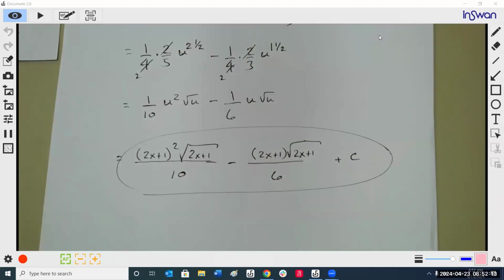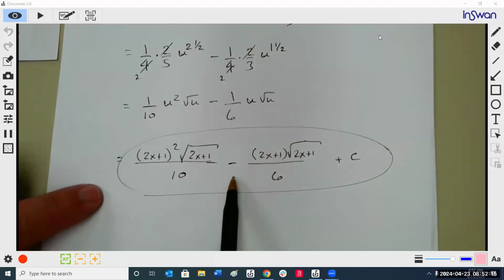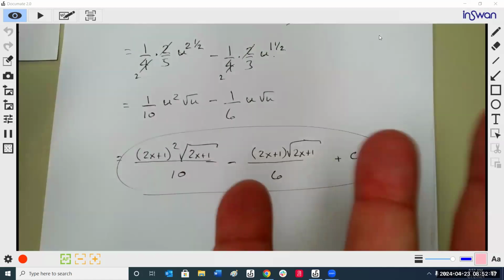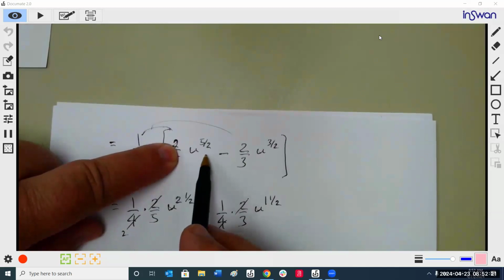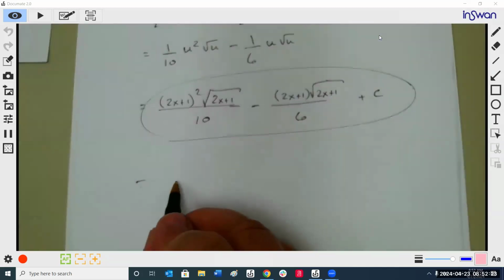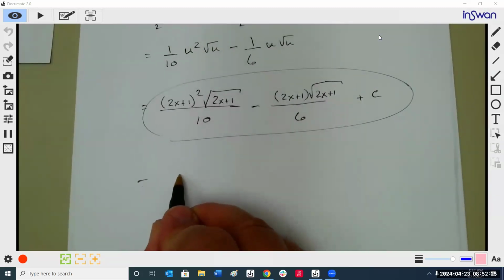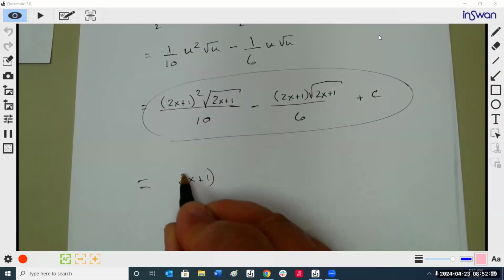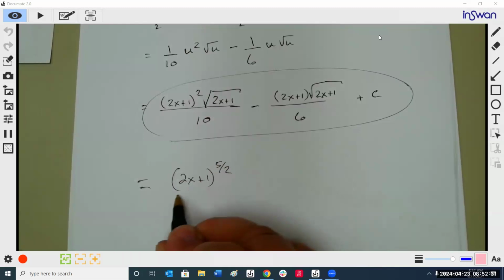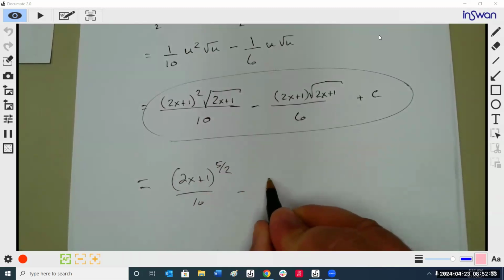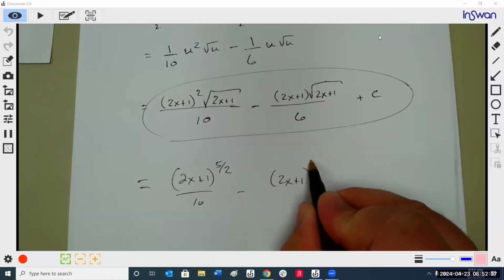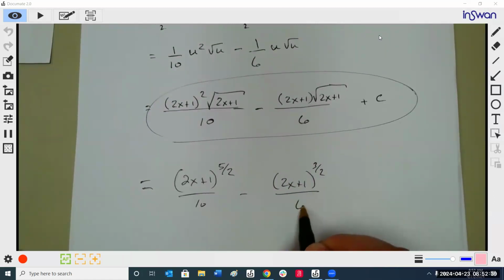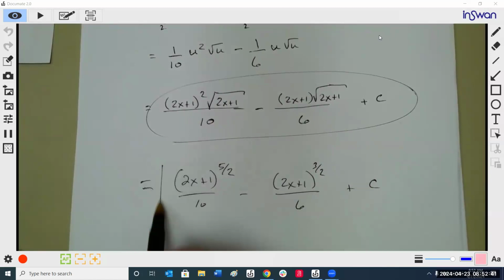Again, I don't know how the computer will take it. This is the simplified version. Or remember up here, we had 5 halves. I'm pretty sure you could have done the same thing. We could have had (2x plus 1) to the 5 halves over 10 minus (2x plus 1) to the 3 halves over 6 plus c.